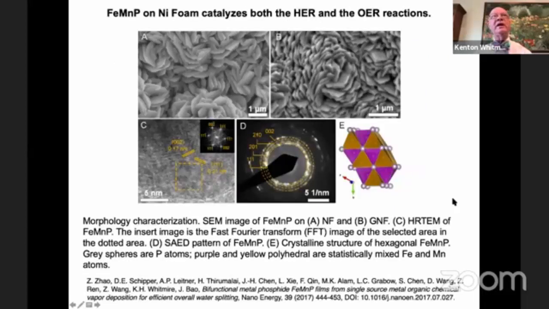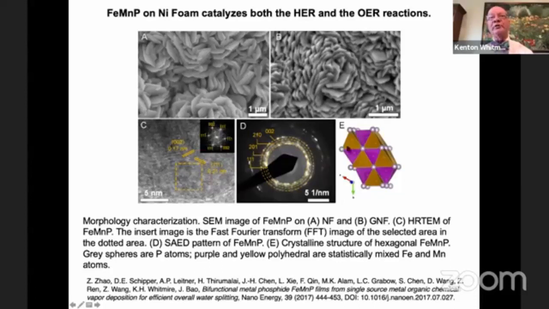But FEMNP on nickel foam, now just a metal electrode, will catalyze both the HER and the OER reactions. So this is FEMNP deposited on nickel foam. It forms very nice material.